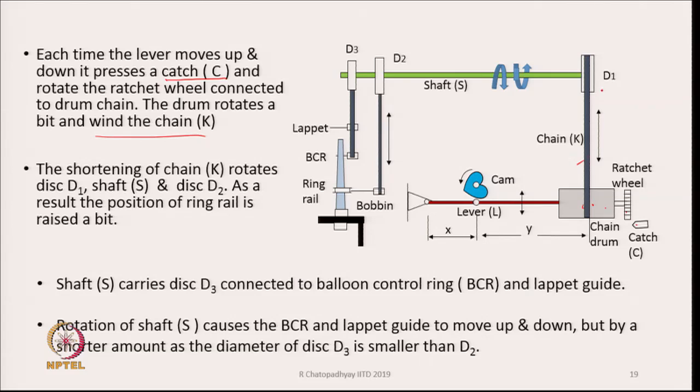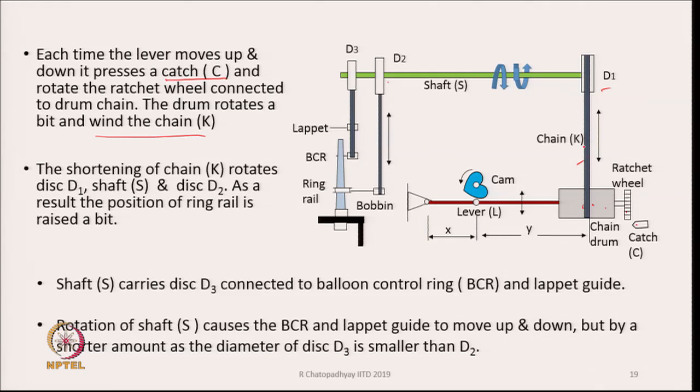It rotates the disc D1, shaft S, and therefore discs D2 and D3. As a result, the position of the ring rail is raised a bit. Every time the chain is shortened by a few millimeters, the ring rail will permanently move up by some millimeters.